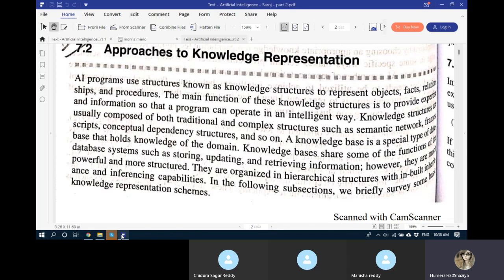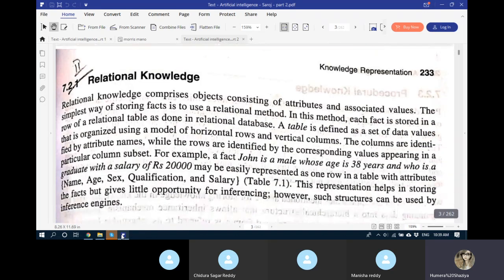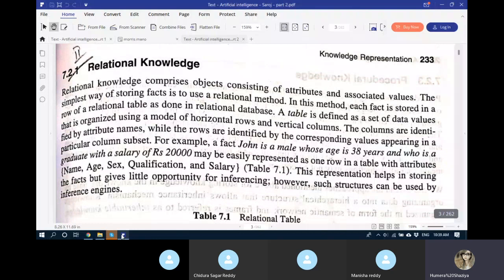These terms which are specific to a knowledge base are that they are organized in hierarchical form and they have built-in inheritance and inferencing capabilities. I hope that the basics of knowledge base and knowledge representation are clear to you all.